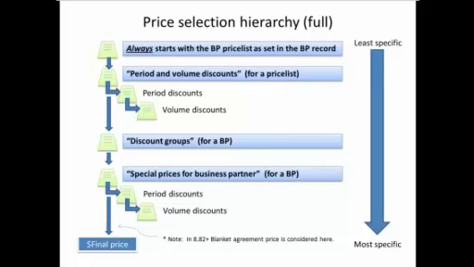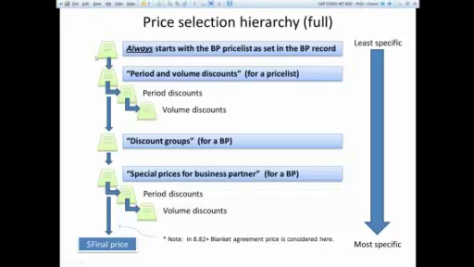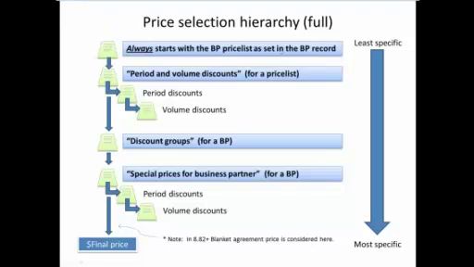So this top item here is what we just talked about. This is your base price list. These are pretty simple. I'm sure everyone knows how to use them. And then we have three additional levels that Business One goes through. First, it will choose the price from the price list applicable to the business partner.